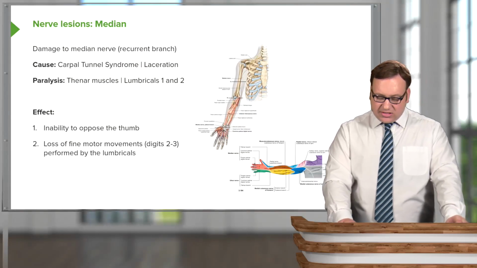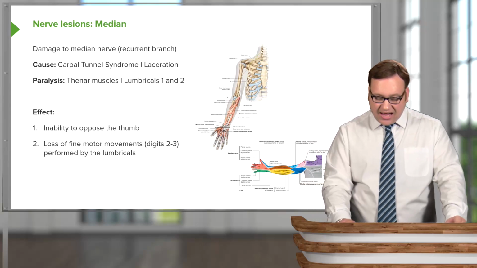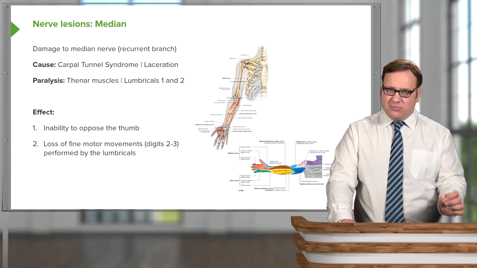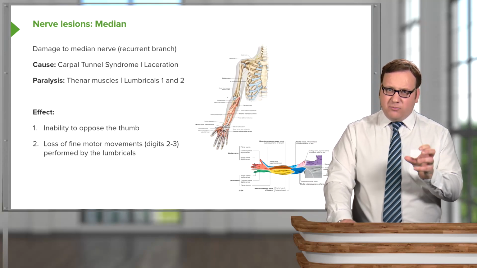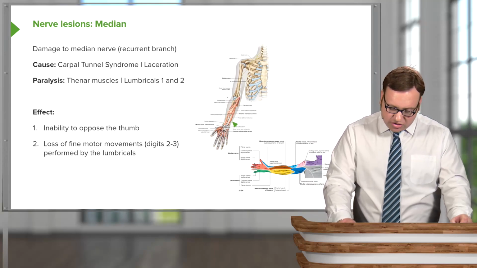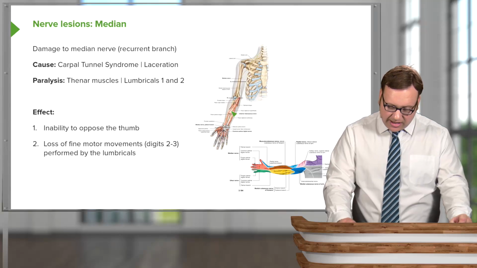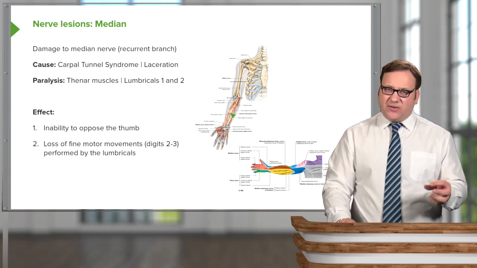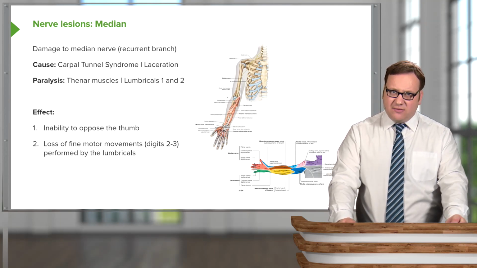If the median nerve was damaged in the carpal tunnel, then you wouldn't have that problem, because the median nerve would have already given off the branches to the muscles in the anterior compartment of the forearm. So the muscular branches would have already come off here, so the function of these muscles will be preserved.